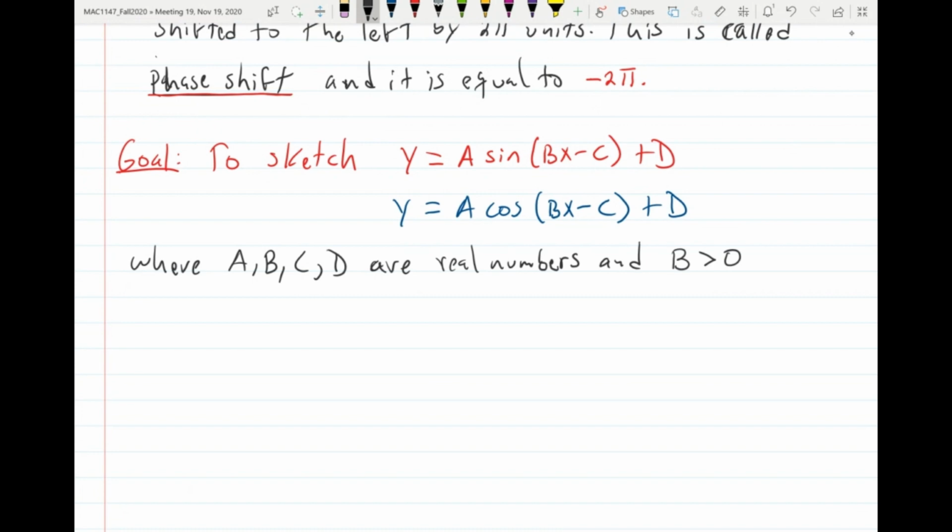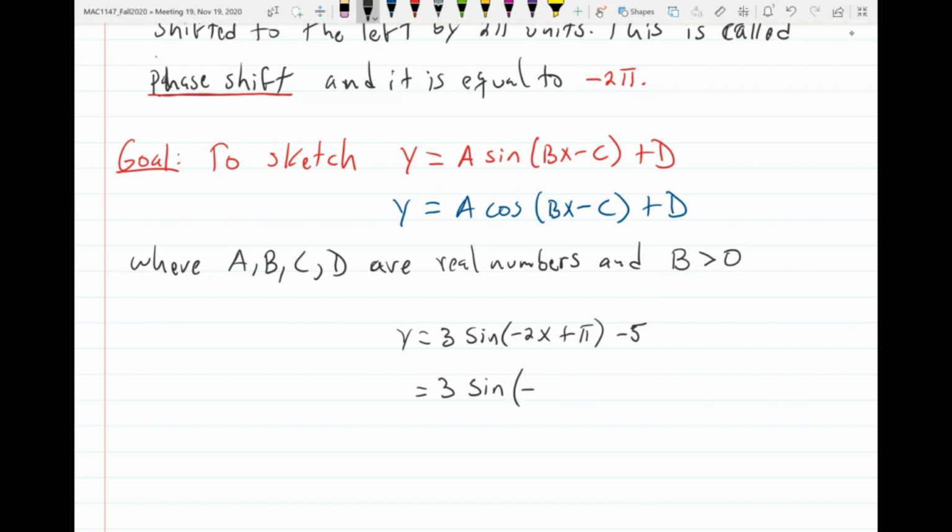If you have a negative b, imagine that you have y equals 3 sine of negative 2x plus pi, minus, I don't know, minus 5. And you wanted to graph this function, that's not really a problem. We can always get rid of the negative by using the symmetry.